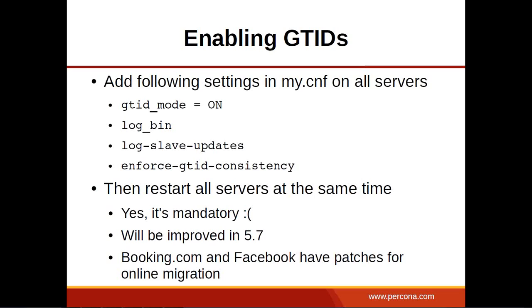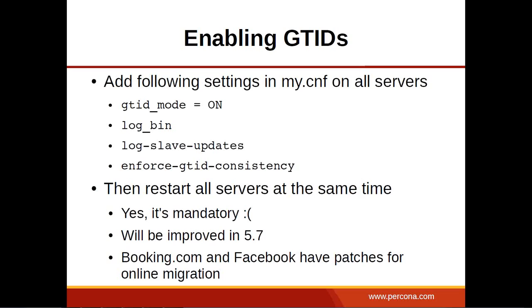That's pretty good. Now, once GTIDs are enabled on all servers, you can go to your slaves and use CHANGE MASTER TO enable GTID replication. If you only configure gtid_mode equals on, the master will write GTIDs, but replication will use the regular position-based replication.